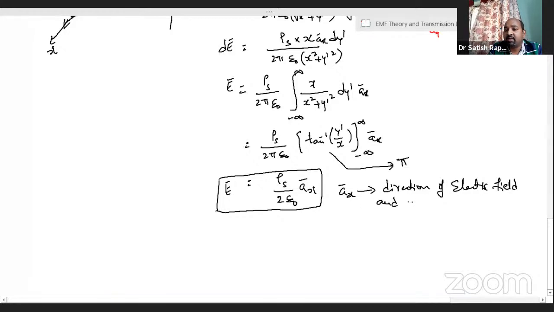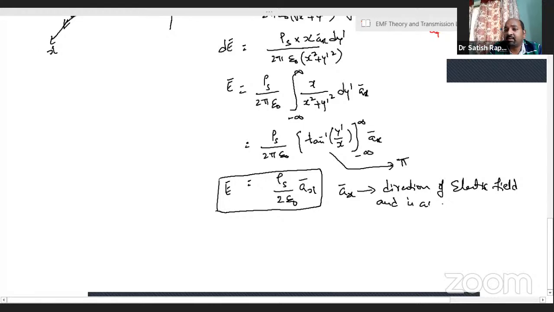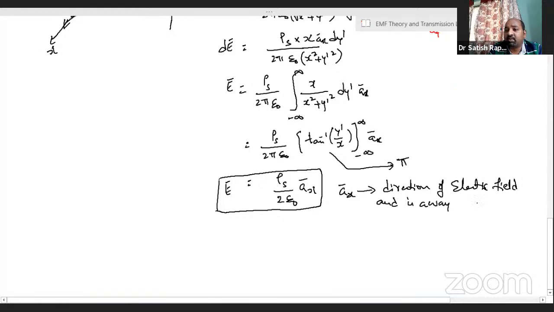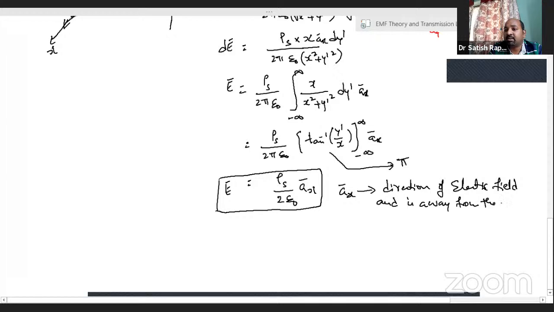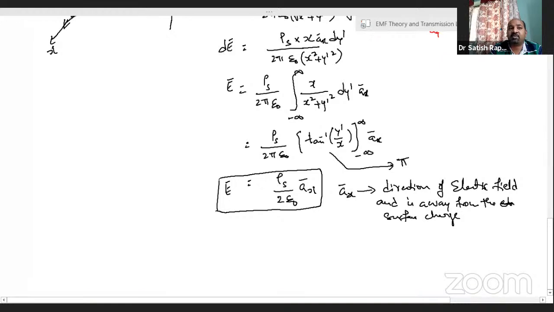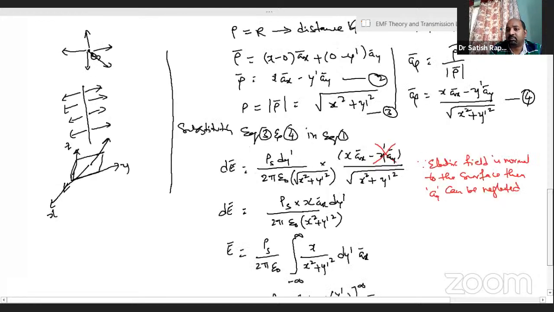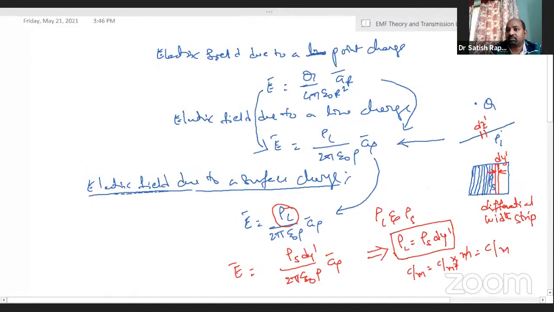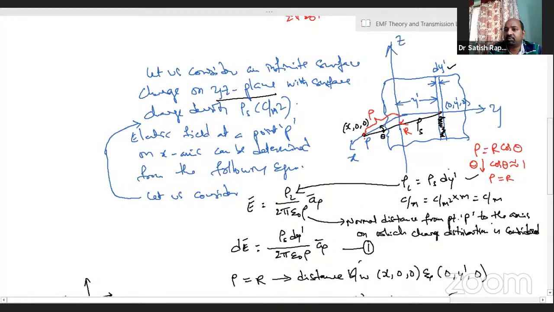And it is away from the surface charge. If you go back to the figure, this is the figure, and now ax bar.